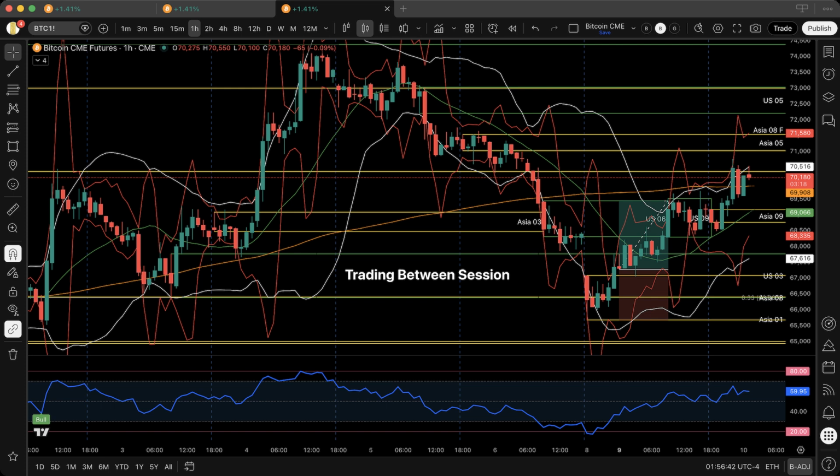Persistence is being tested inside overlapping session anchors. The market repeatedly returns to the same region. March 3rd Asia anchor. March 6th U.S. anchor. March 9th U.S. anchor. March 9th Asia anchor. This repeated occupancy creates structural weight. A single anchor can define containment.